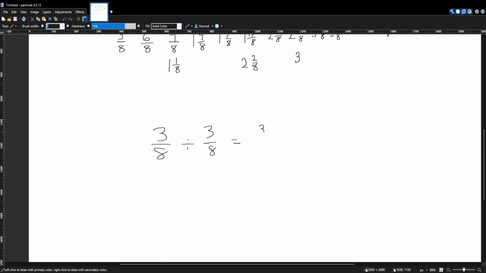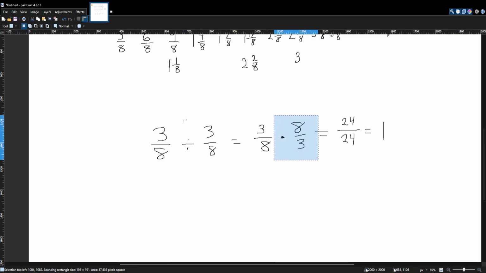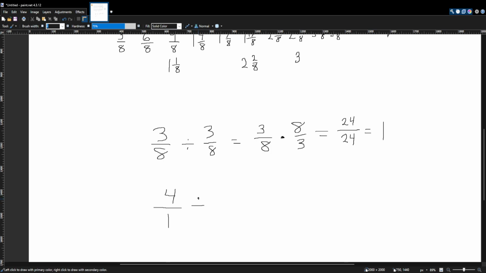So this must be the same as taking 3/8 and multiplying by 8/3. And, well, we see that 3 times 8 is 24, and 8 times 3 is also 24. So that must equal 1, so this must be the same as dividing by 3/8. So if I take the number 4, or 4 whole units, so 4 divided by 1, and I want to divide by 3/8, then this must be the same as 4 divided by 1 multiplied by 8 divided by 3.